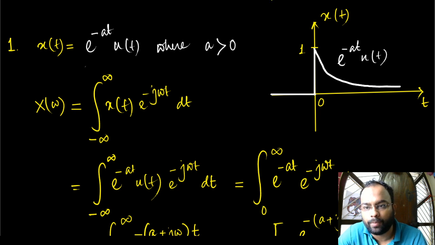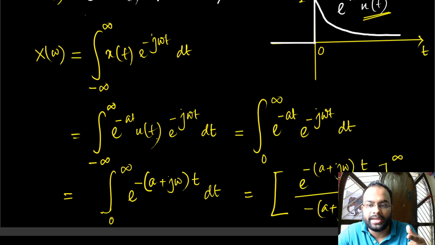It would have started from a huge value at minus infinity and gone down like that. But since I have u(t) multiplied with the signal, this signal has a value of 0 as long as t is negative. And from here to here, u(t) has served its purpose.